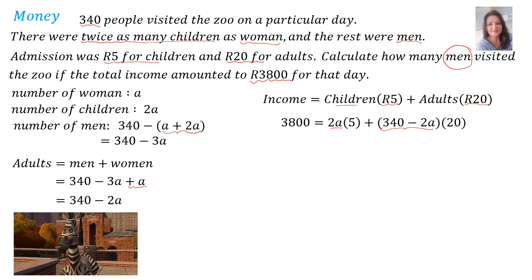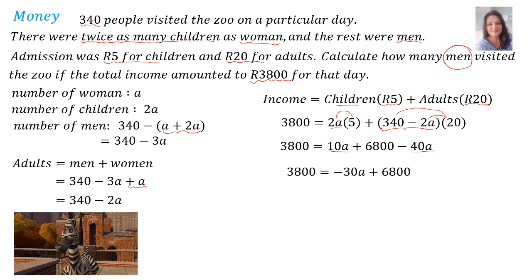Now in the next step, we're just going to multiply in the 2A and the 5 and the 20 into both. So we end with 3,800 equals 10A plus 6,800 minus 40A. And then we add the like terms.